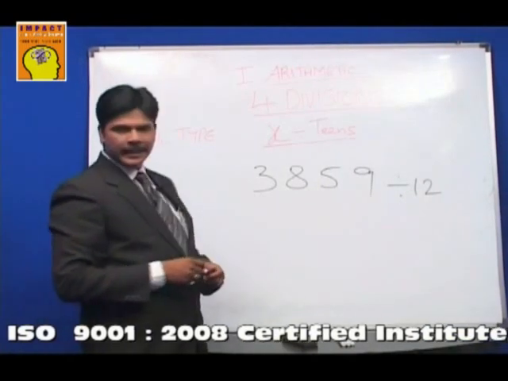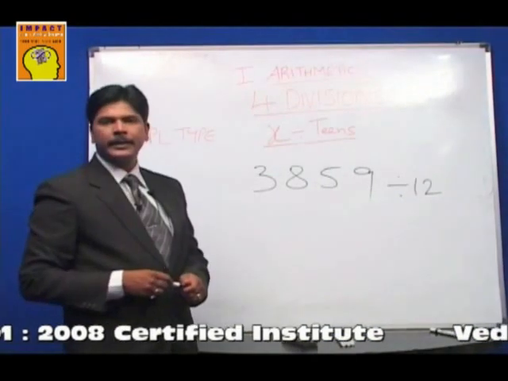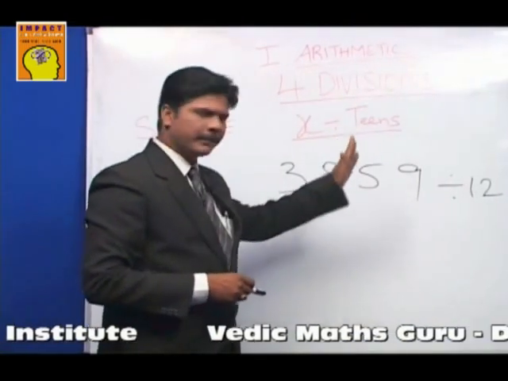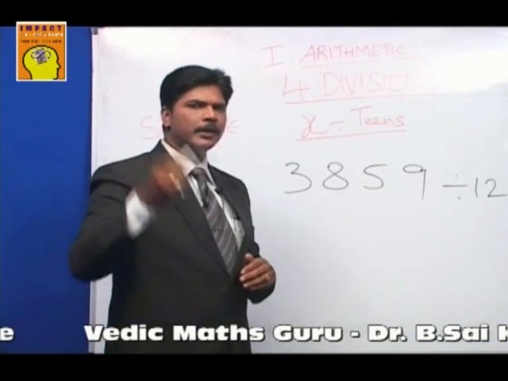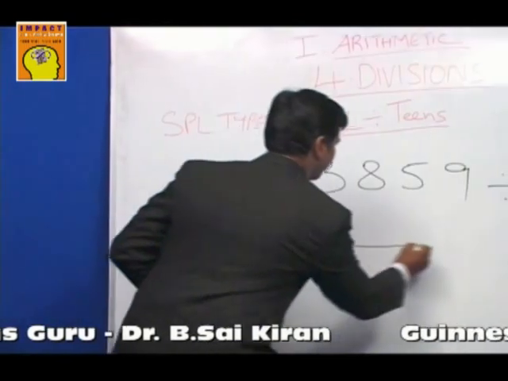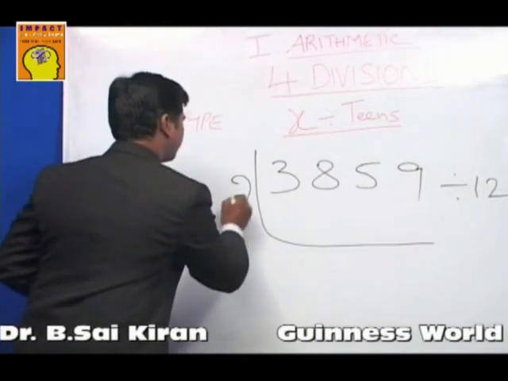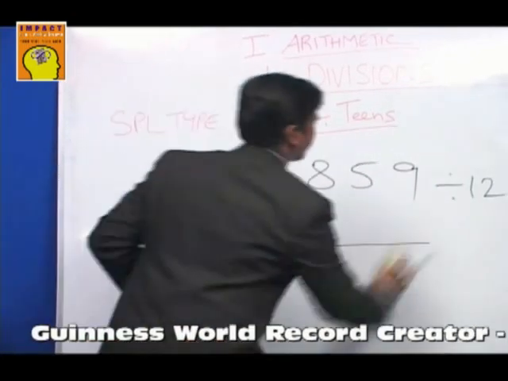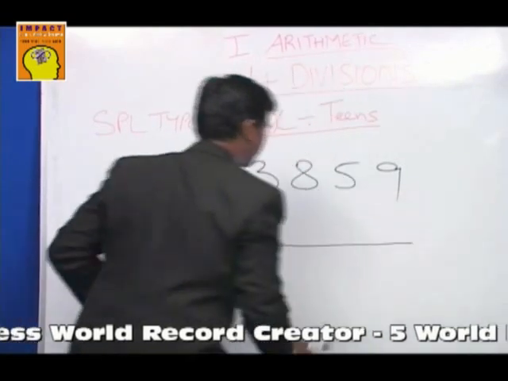Let's take one more example: 3859 divided by 12. I'm first showing you small problems so that you understand the basic concept. Later we'll go for the complicated numbers. You have to use the LCM bracket, and divide the number by 2 because it's 12. Now rub out this 12, otherwise you will get confused.